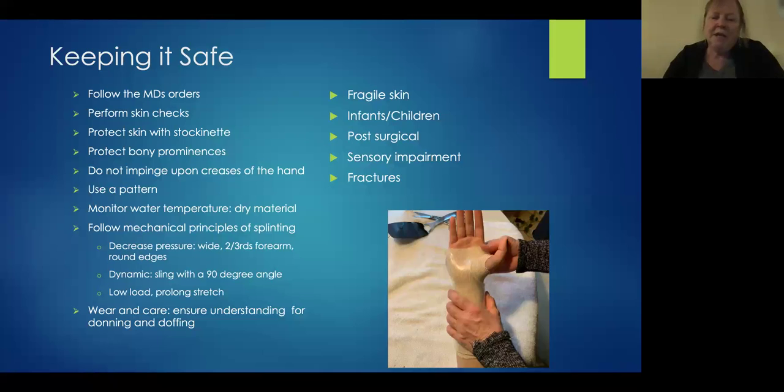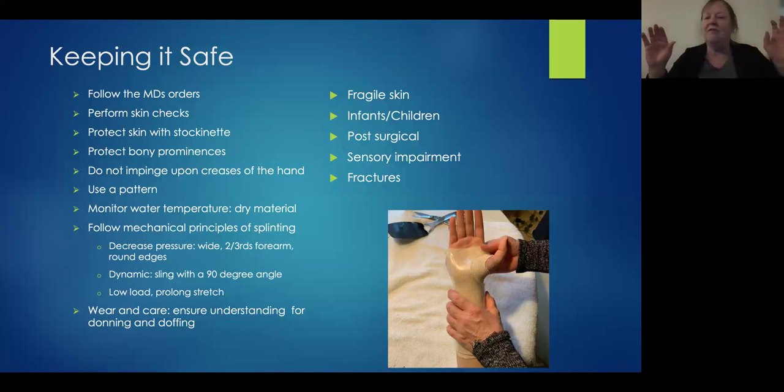Do not impinge upon creases of the hand. Going into the certification exam, you need to be familiar with your creases and which orthoses are really important to watch the creases on.